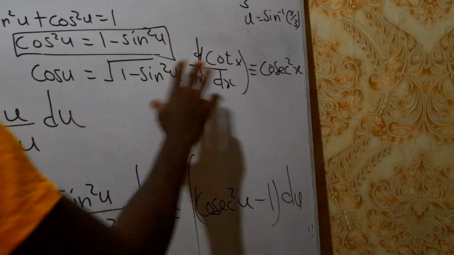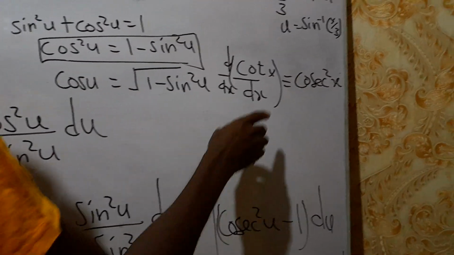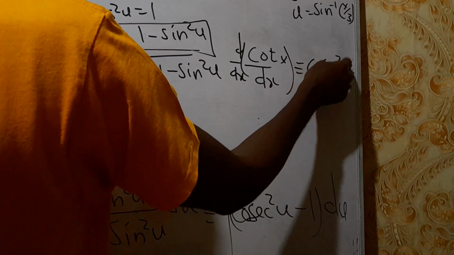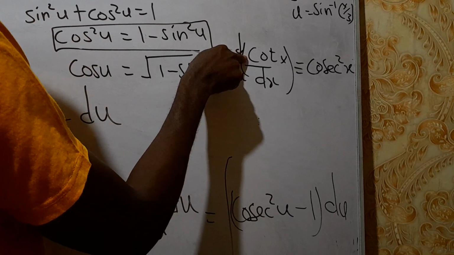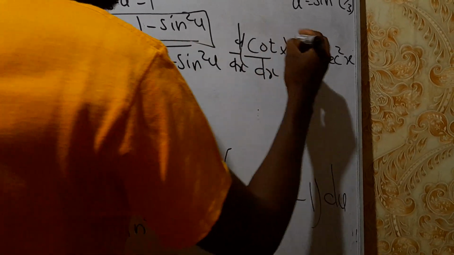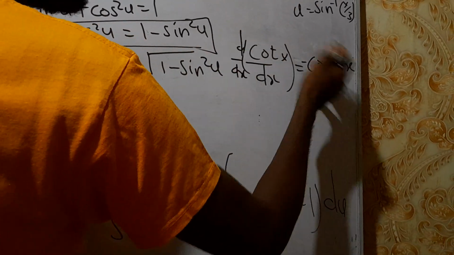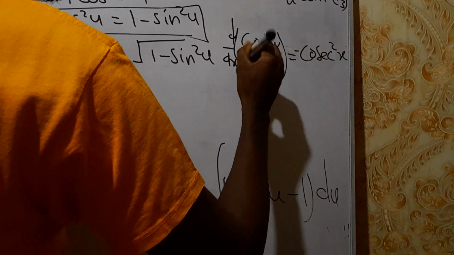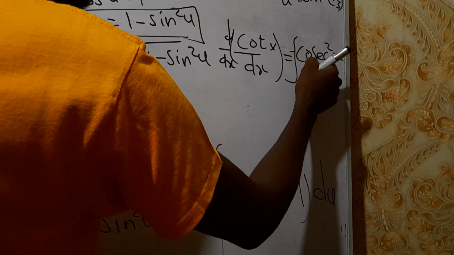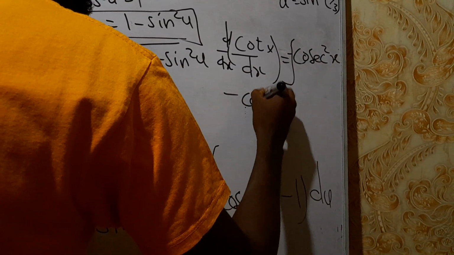Please check out my video on differentiation of trigonometric functions. So we can say that the integral of negative cosec square will be cot x. So we multiply both sides by negative, and the integral of cosec square x is negative cot x.